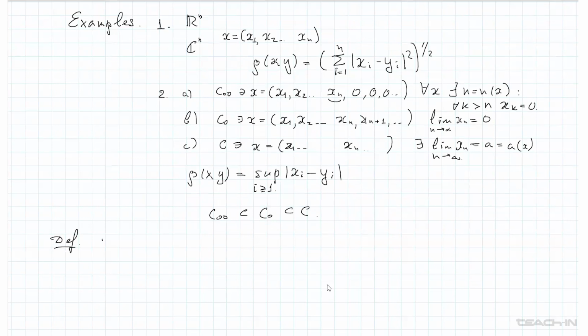I remind you, Xn tends to X in metric space if the distance between Xn and X tends to 0. Yes, it is standard definition. So in the first example, all the convergence by metric is just the coordinate convergence. What can you say about space C double 0?